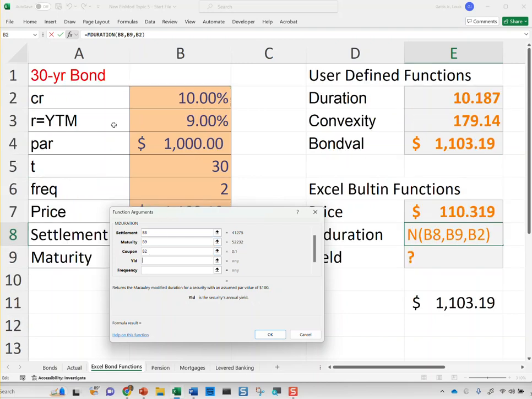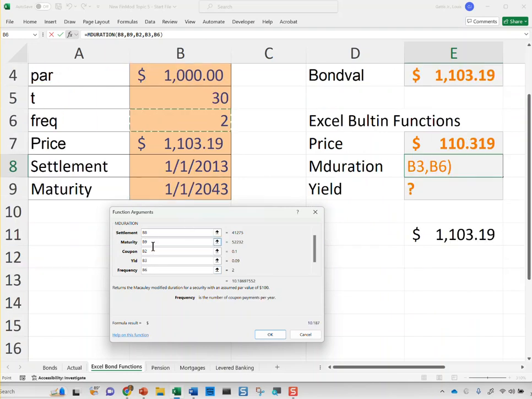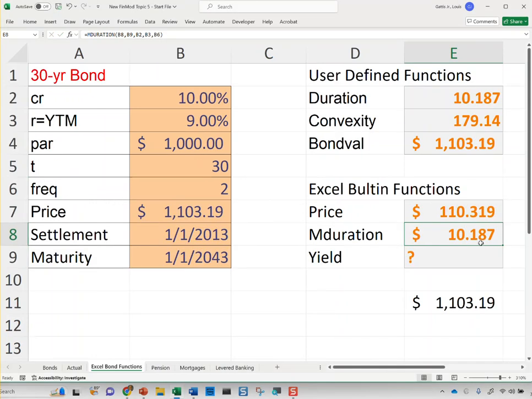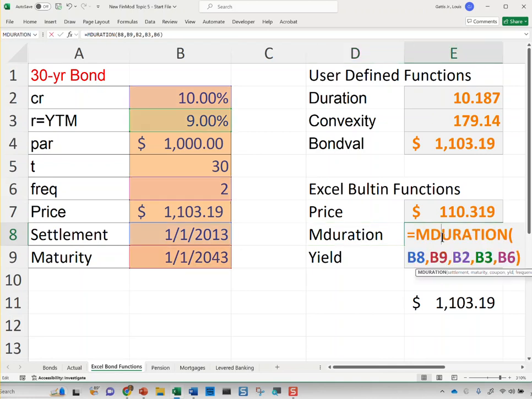The yield, which should be the discount rate. The frequency is 2 payments per year. And we'll leave the basis blank. And you see there is the 10.187, the modified duration. Actually, if you read the description of the M duration function, you'll see that it says it's the Macaulay duration. It is not. It is the modified duration.